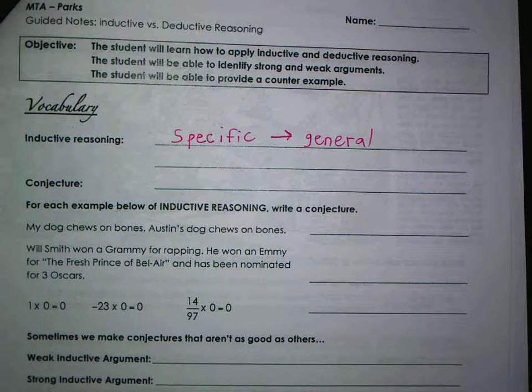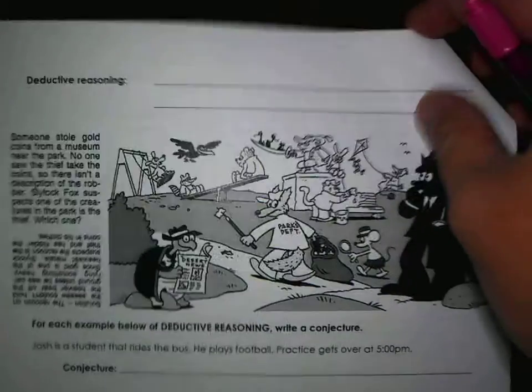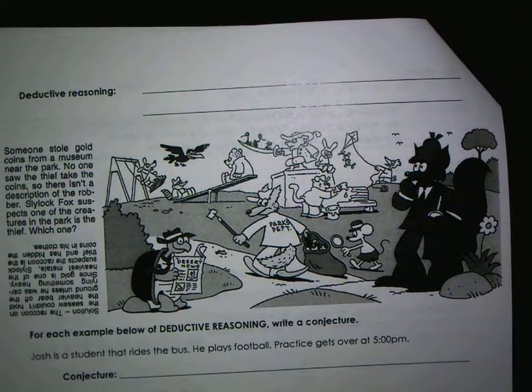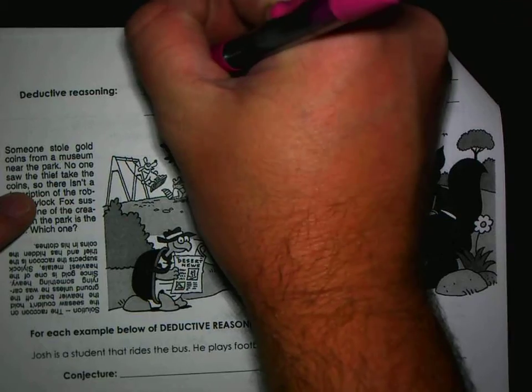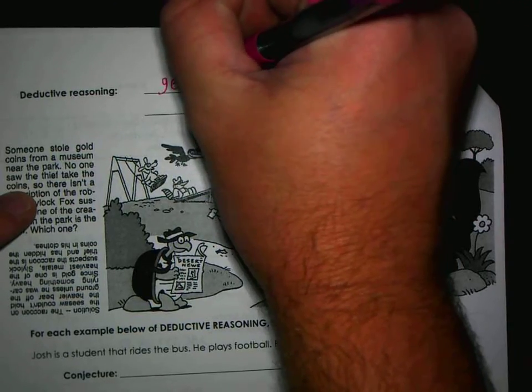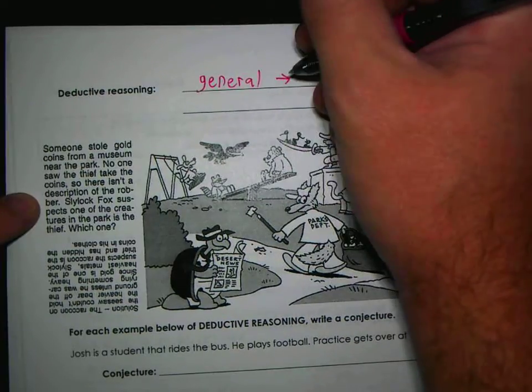Going from something big to something smaller. And that's what we call, if you flip your paper over, deductive reasoning. And deductive is from something general to something specific.